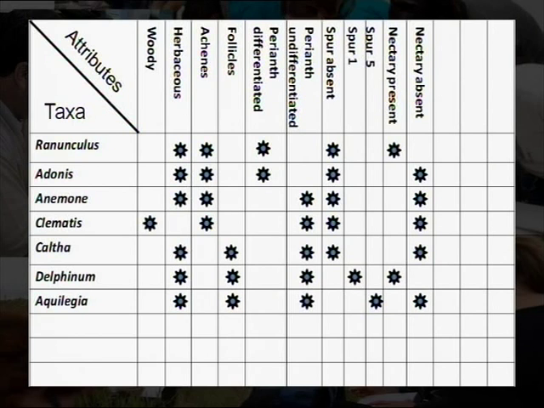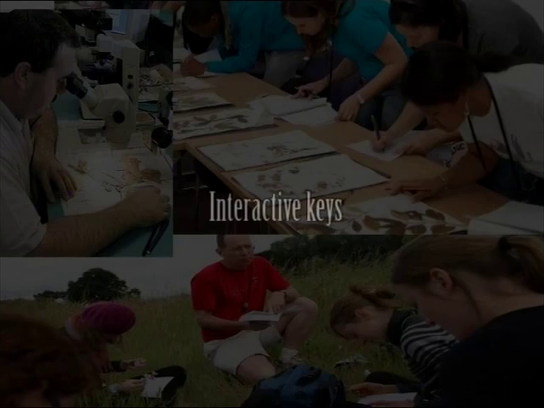The attributes represented in each taxon are pictured with the help of appropriate symbols. The attributes not represented in the taxon show a blank space in the column. Thus, the table will have as many rows as taxa and as many columns as the number of attributes for which information is available. Now, we discuss interactive keys.